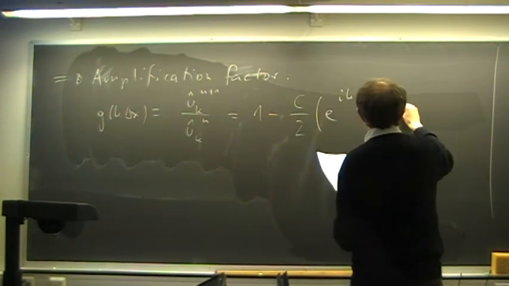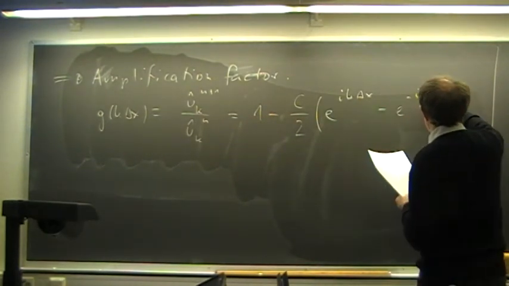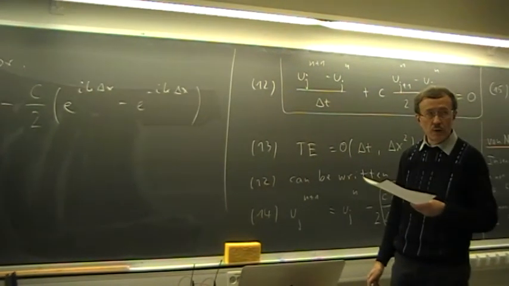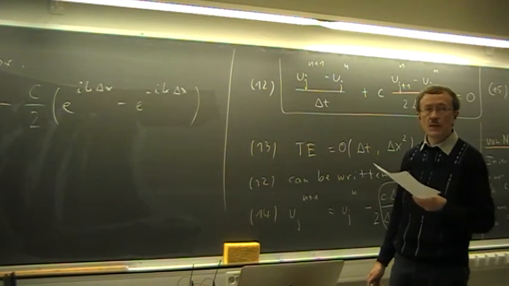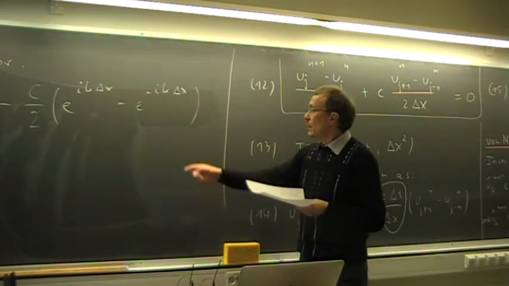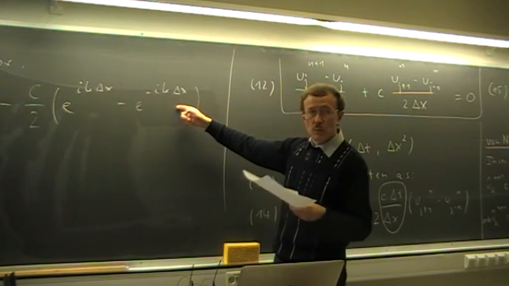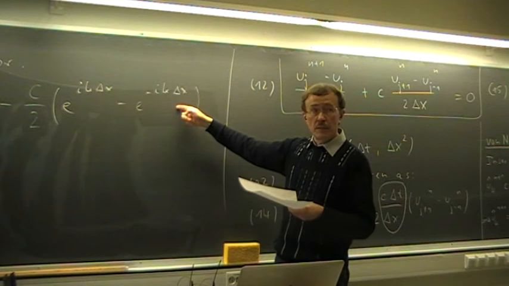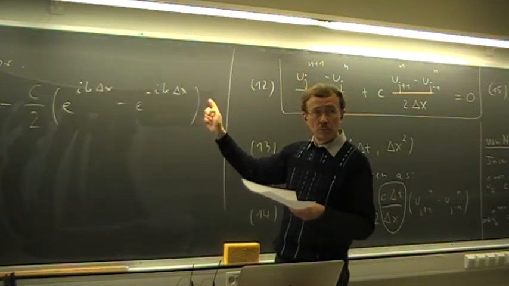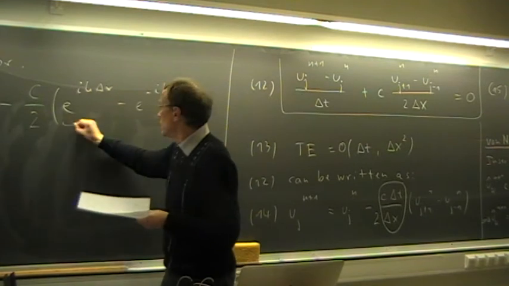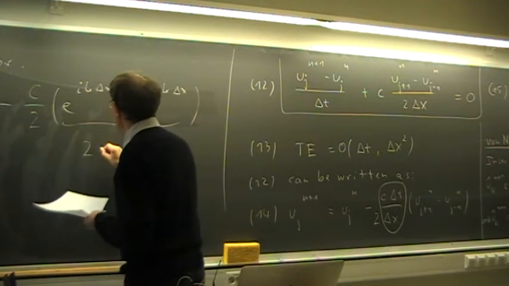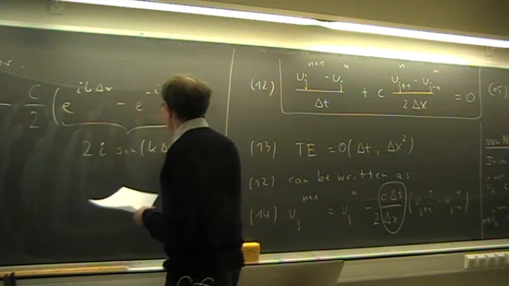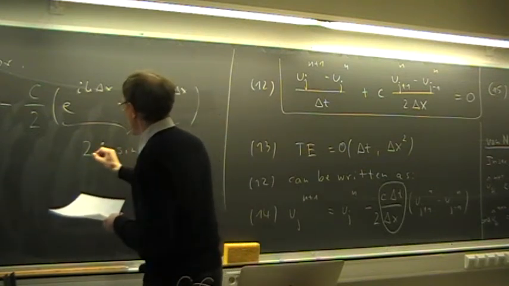Write it just minus ik delta x. So Euler's formula says that this is cosine of the argument plus I sine of the argument. This is cosine, plus and minus doesn't matter. It will be minus I sine. So the cosine will go, but the sine will stay. So by Euler's formula we get that this is 2 times the imaginary unit times the sine of k delta x.